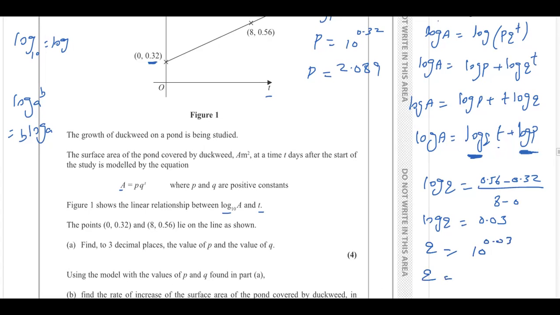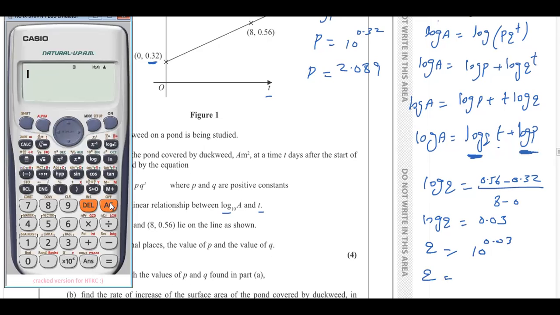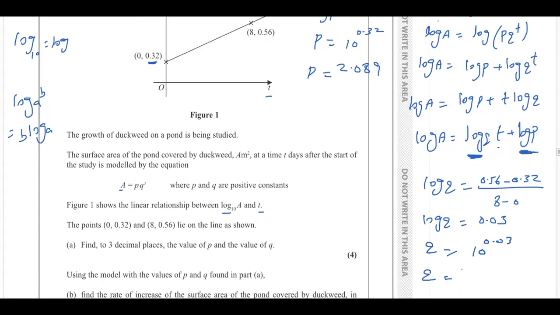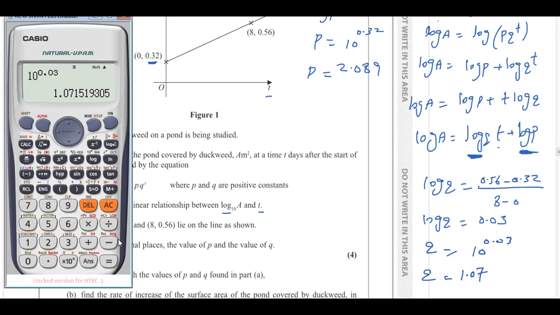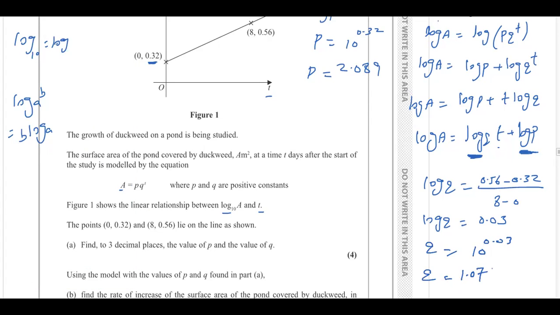So Q will be 10 to the power 0.03. It will be 1.072. These are our values of P and Q that we found.